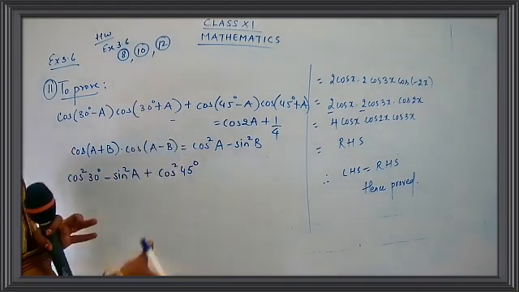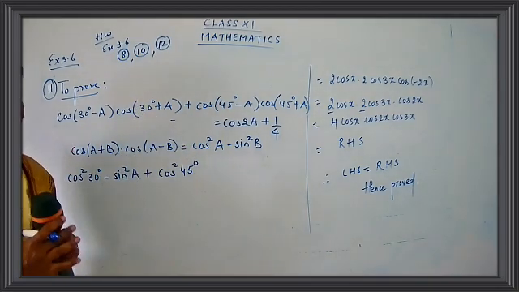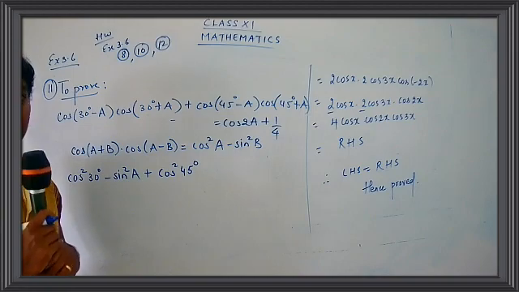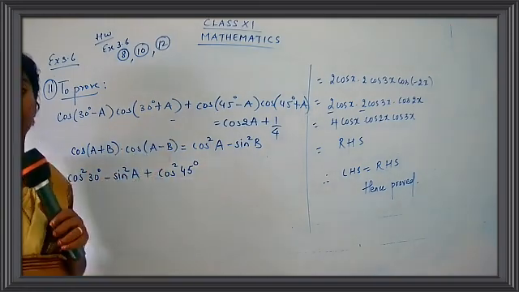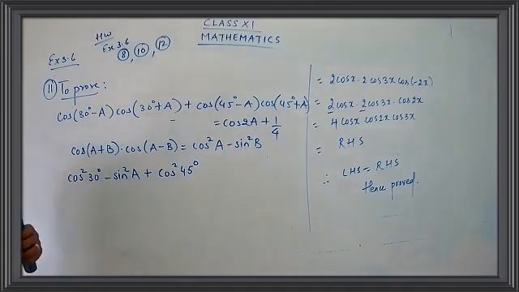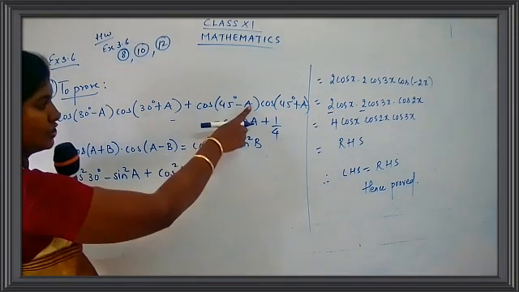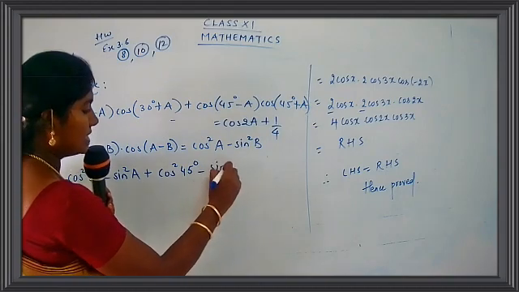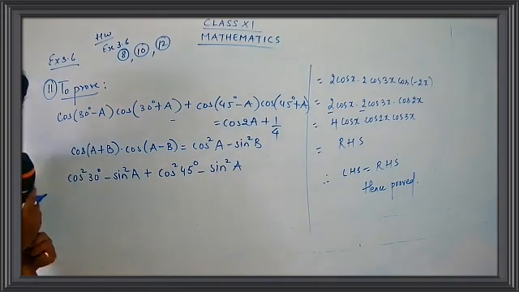You have to just write the sign as it is. But be careful when you have a main sign as minus, because whatever terms come after the negative sign, the sign changes. You have to be very careful with the minus sign. So I get here cos square 45 degree, and what is b here, children? Again it is a. So I get here sine square a. Are you clear with this step?